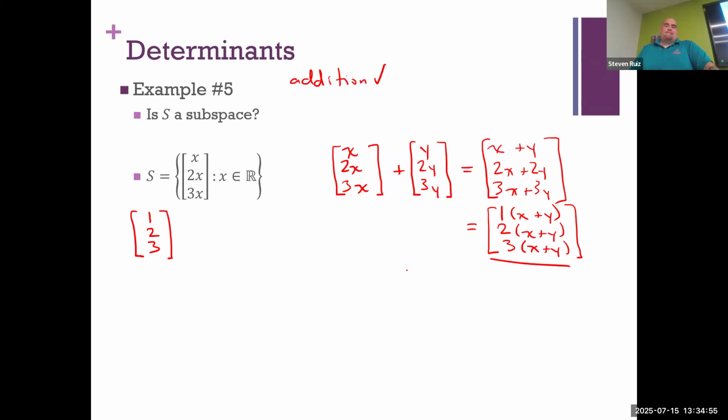What else can we look for? Multiplication. And let's try to keep it as generic as possible. Basically, I know all my vectors inside S look like this. So I should be able to multiply any one of them by k and get something like this, kx, 2kx, 3kx. Is that inside S?